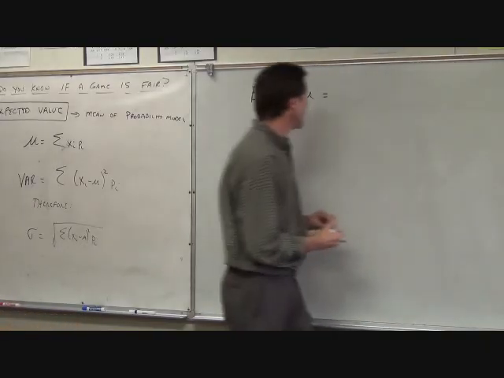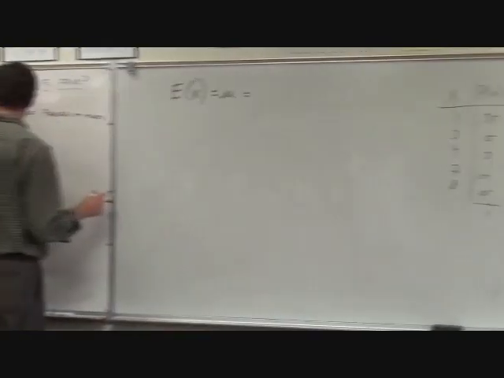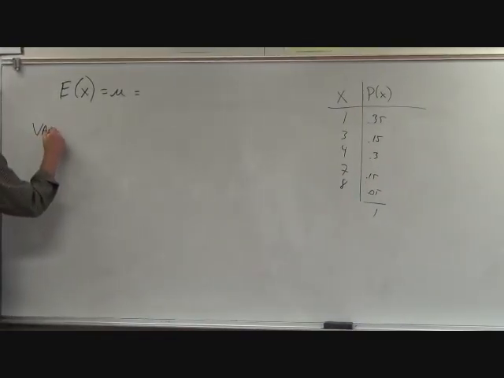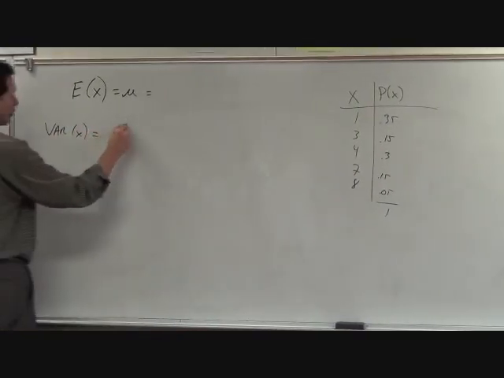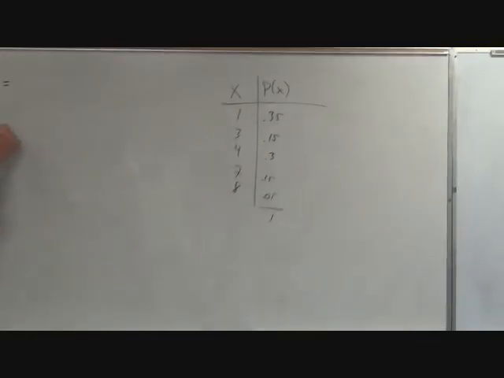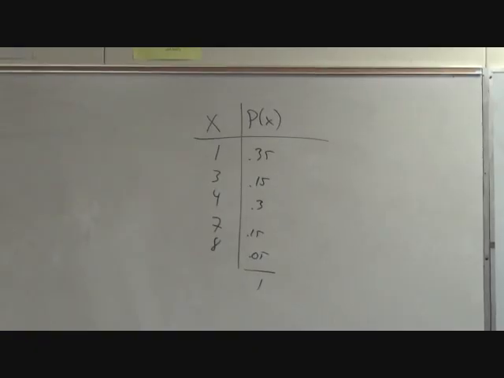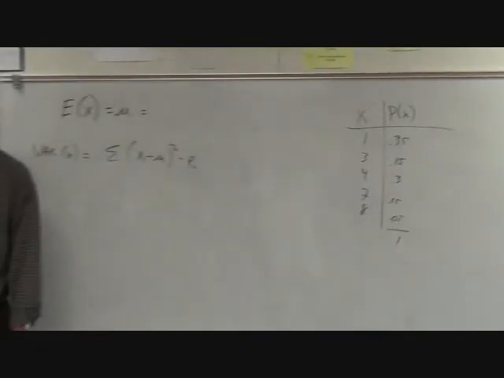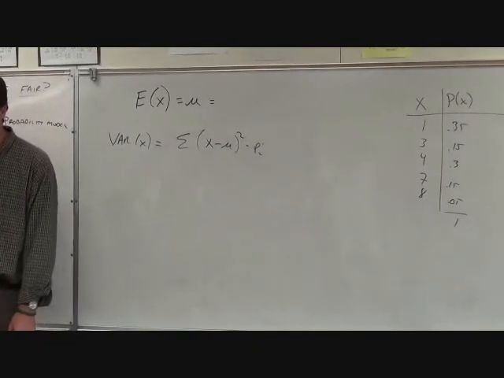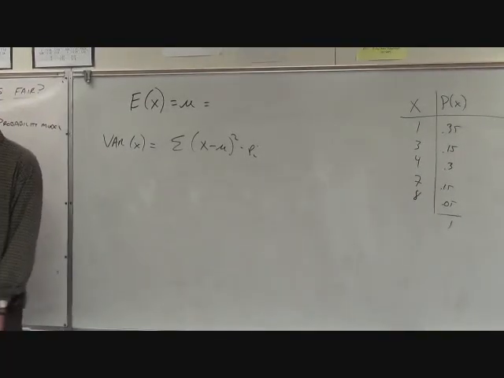So how would I calculate the variance? Here's the formula for it. You take the number minus the mean, squared, and multiply it by the probability. Then we can use our fancy calculator to get the answer.